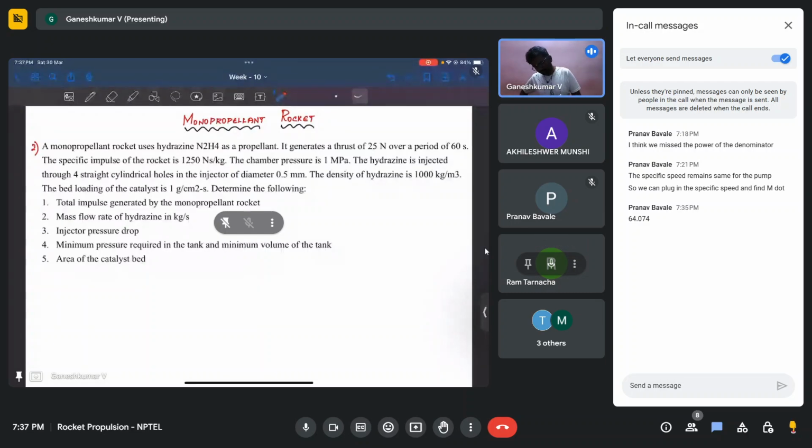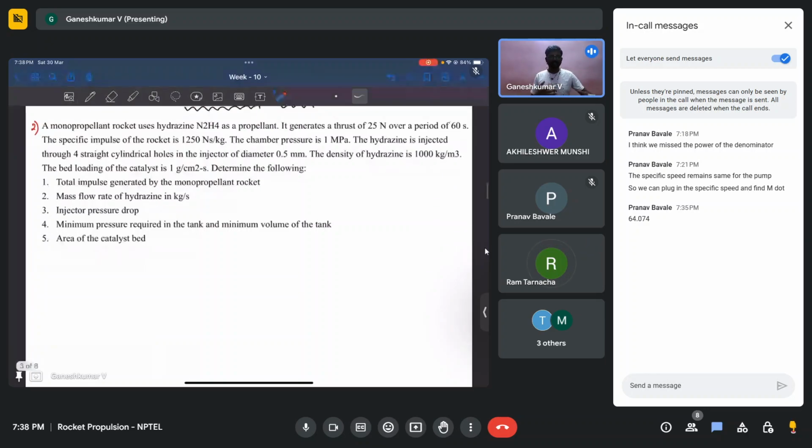In this question the monopropellant is going to be hydrazine, and it is going to generate a thrust of 25 newtons over a period of 60 seconds. So the rocket is designed for only 25 newton thrust, and over a period of 60 seconds it's going to give the maximum. That doesn't mean it will start, operate for 60 seconds and then be dead.